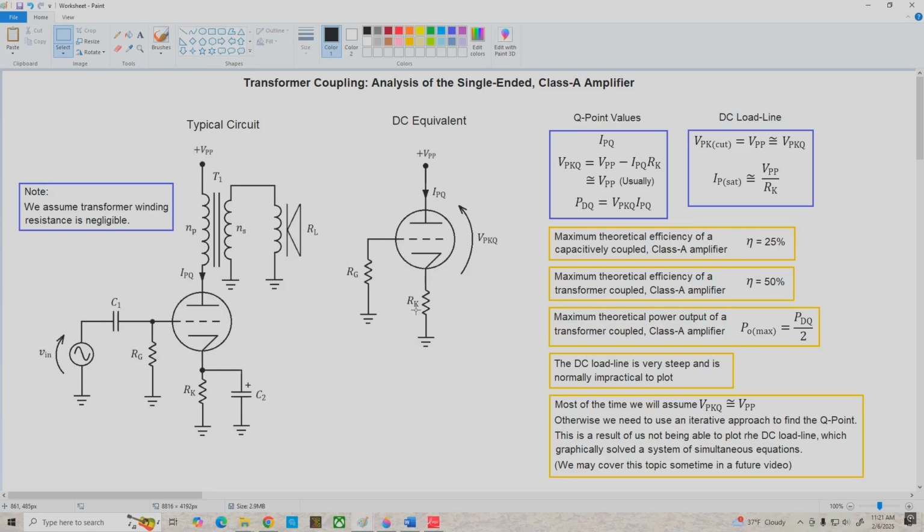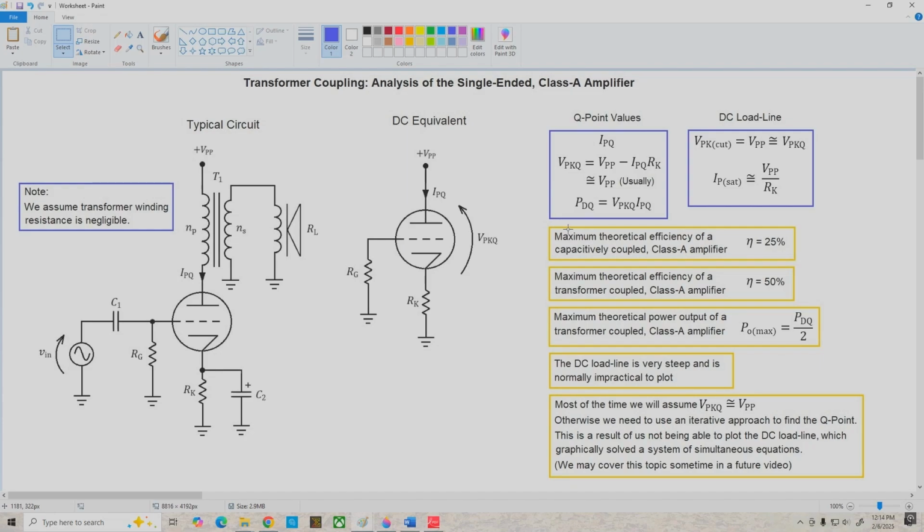Typically it's going to be in the hundreds of ohms, and if we're dealing with a power supply that's hundreds of volts, that means our IPSat value is huge, and if we try to plot the DC load line, it's going to be almost vertical. Now we'll talk about the ramifications of this a little bit later, but it's something to keep in mind that's easy to understand at this point.